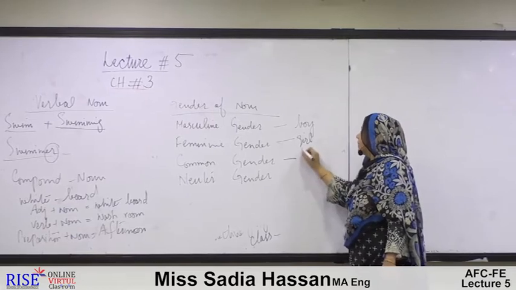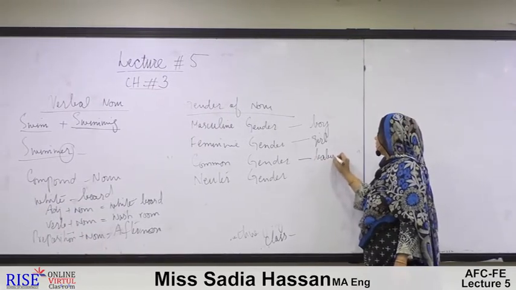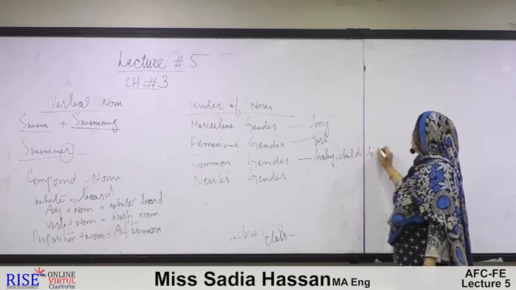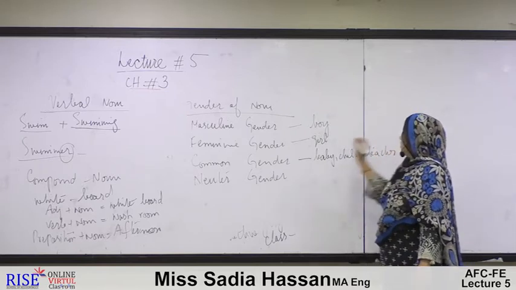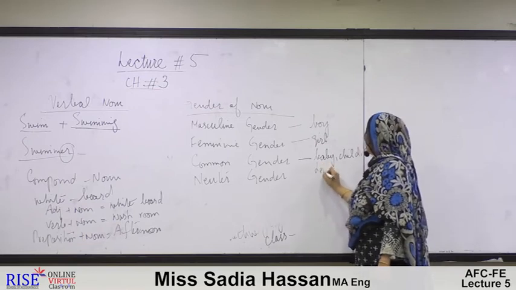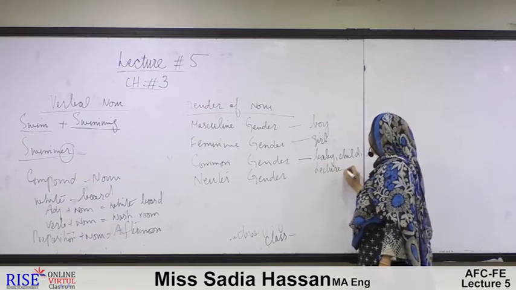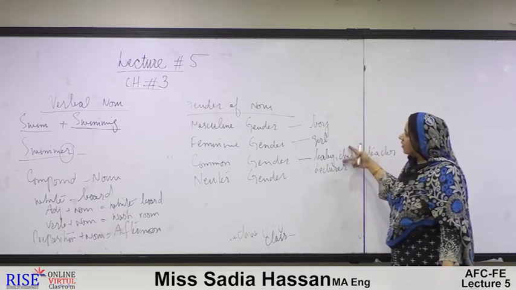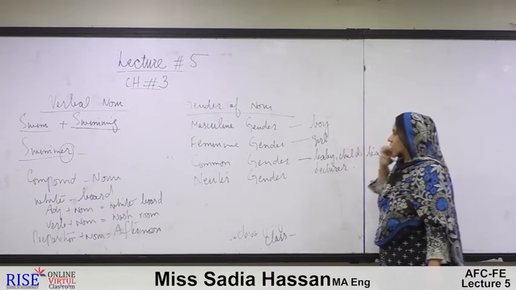For example, baby is a common gender. Child is a common gender. Teacher is a common gender. Lecturer. Principal. They are the common genders. A name which is applicable for both the genders is called common gender.